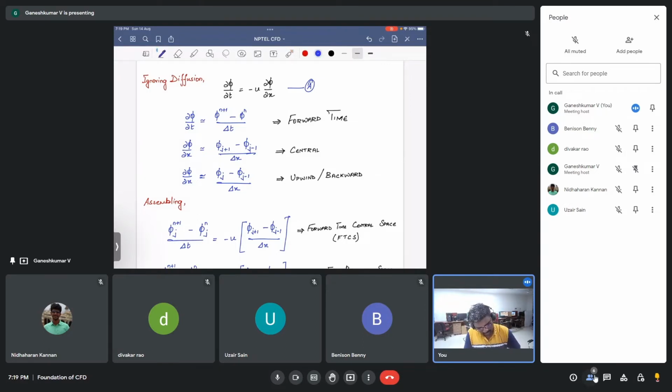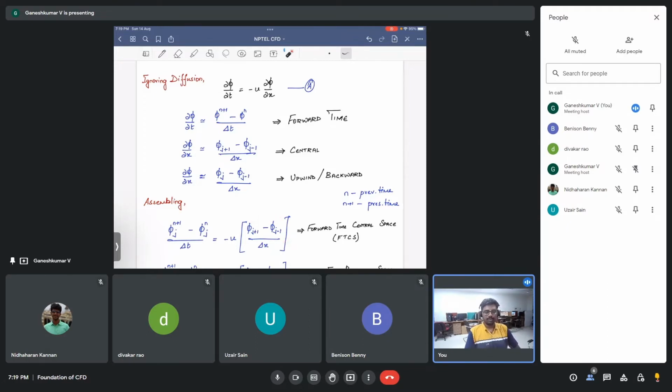Let me write it down here. n plus 1 is the present time. Okay, so you can either put n. If you put n, what happens? This becomes an explicit scheme.